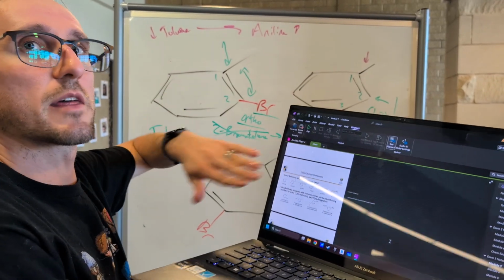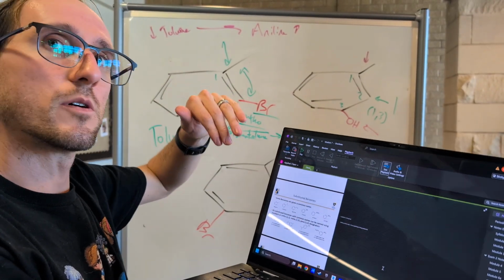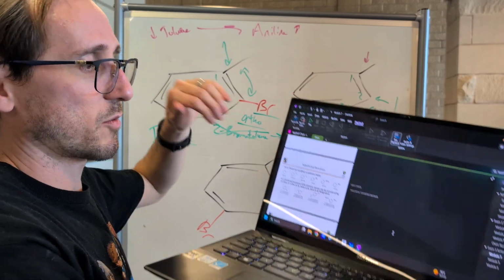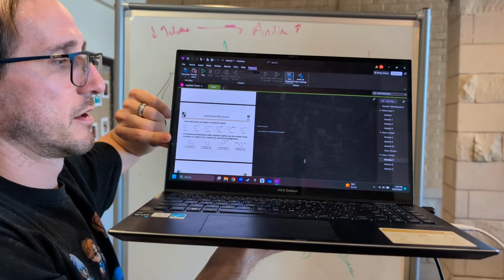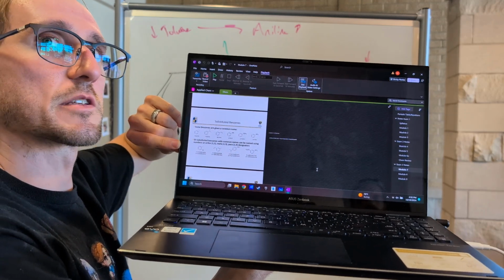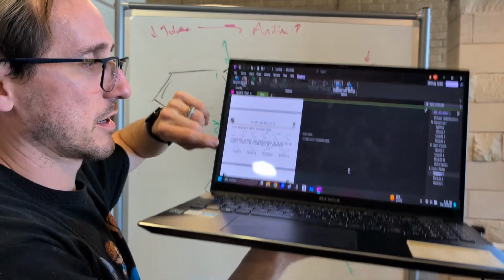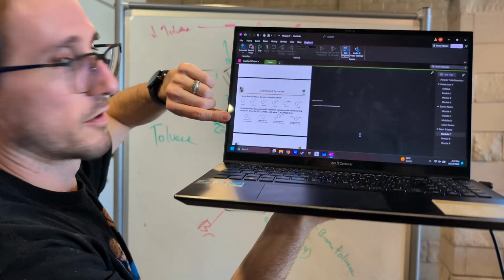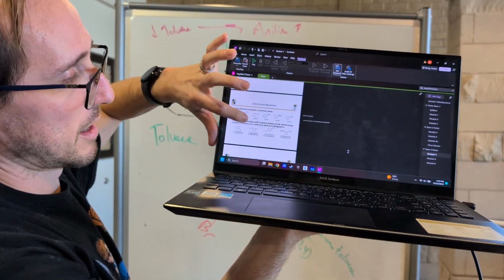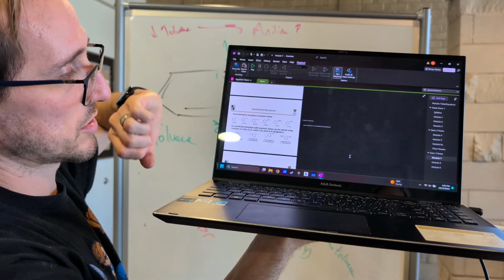Whether or not he's going to make that part of the test, I don't know. But given the examples that he gave for the ortho, meta, para, that very much could be part of the test. If you look, he gave the 2-bromo-toluene, and then he gave the 3-methyl-styrene.